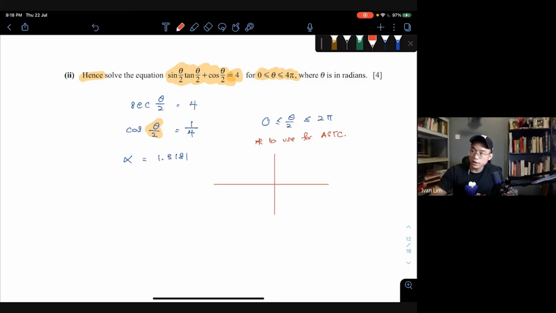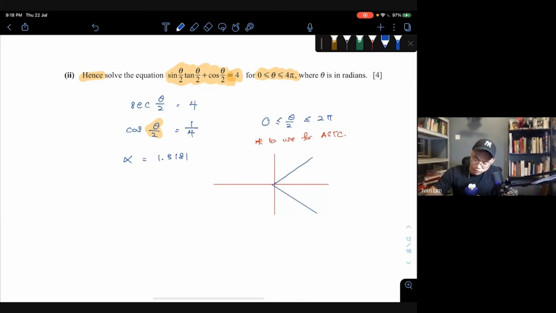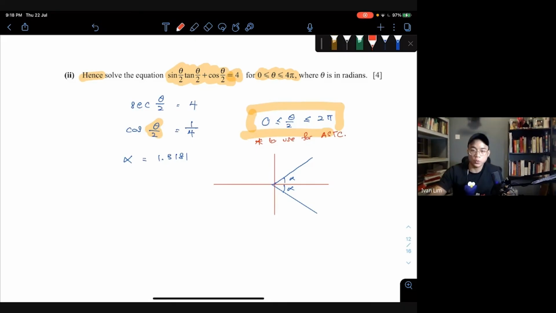Positive means A and C. So what this means is I am following this part here, from 0 to 2 pi, which means 0 to 360 degrees only. It always needs to obey whatever angle you're finding, and this will make more sense in the next question.